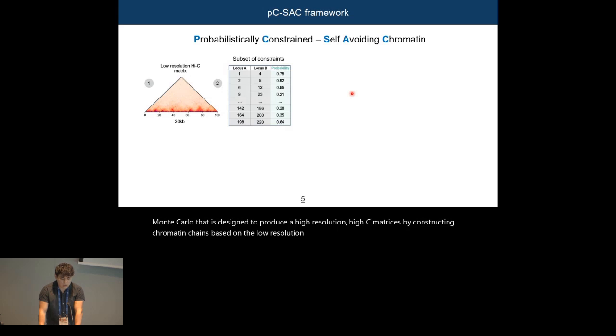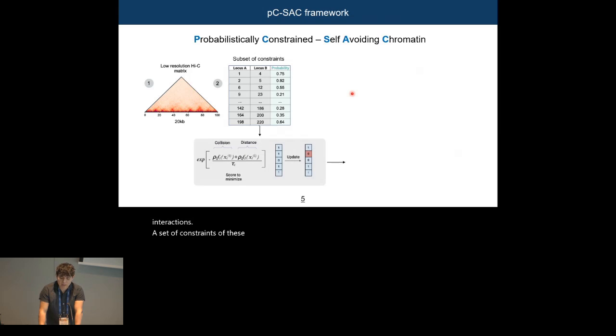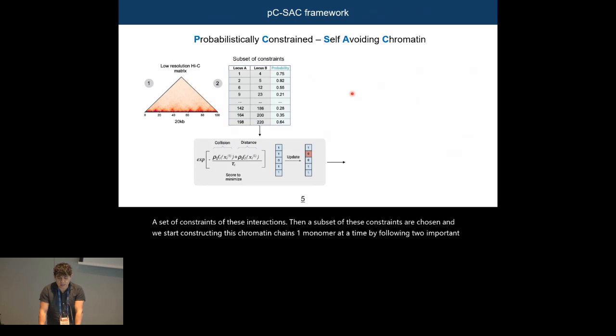So I'm going to give an overview of what pC-SAC does, and it begins by taking low resolution Hi-C interactions and deriving a set of constraints from these interactions. Then a subset of these constraints is chosen, and we start constructing these chromatin chains one monomer at a time by following two important constraints that are the collision and the distance constraints.